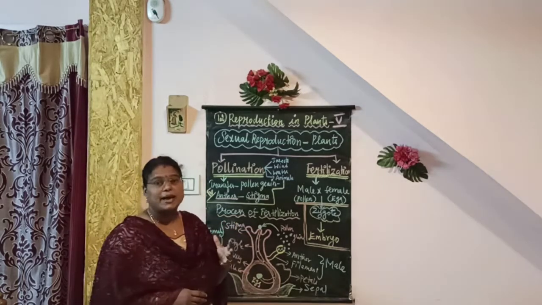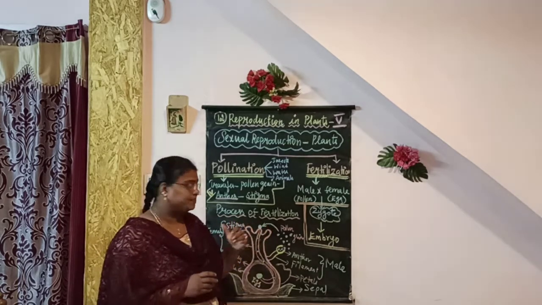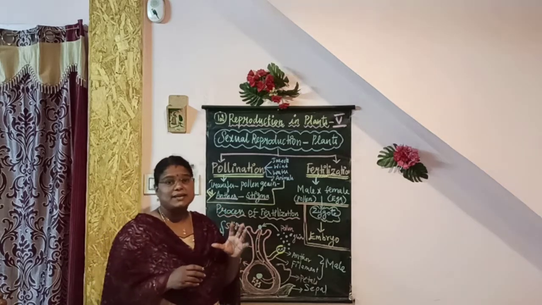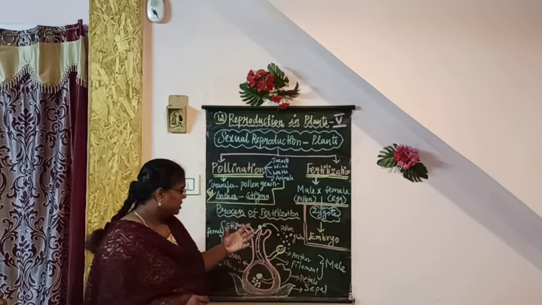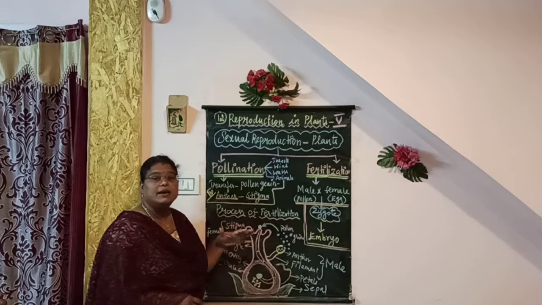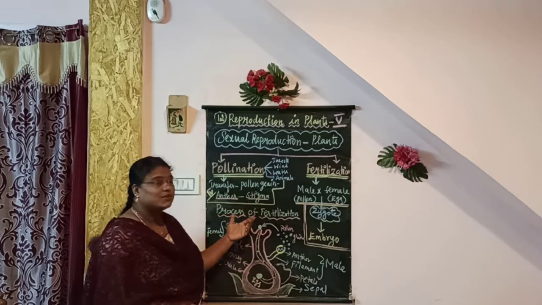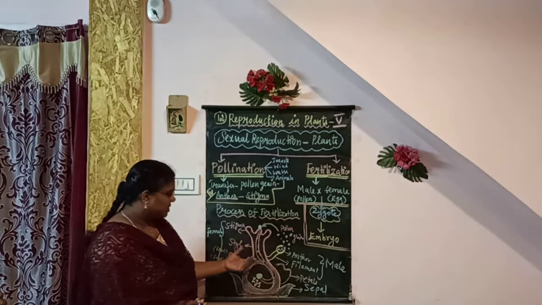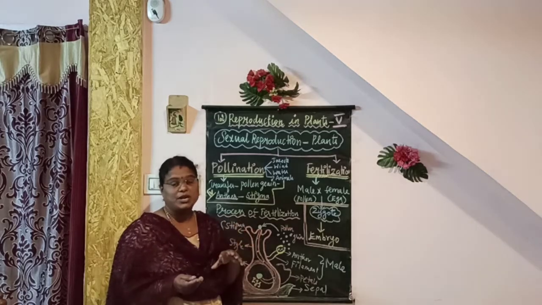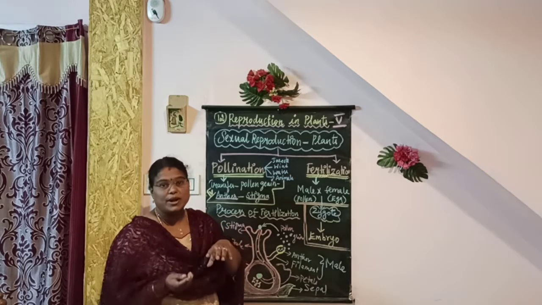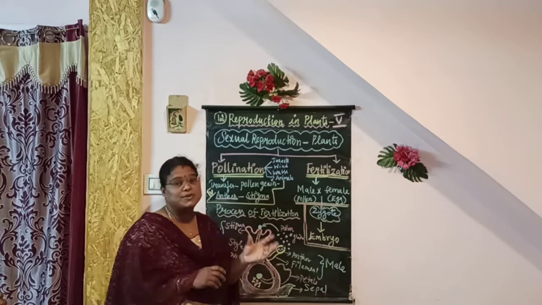In plants, fertilization takes place after pollination. And children, this diagram explains the process of fertilization. Children, I told you pollination is a transfer of pollen grain from anther to stigma.